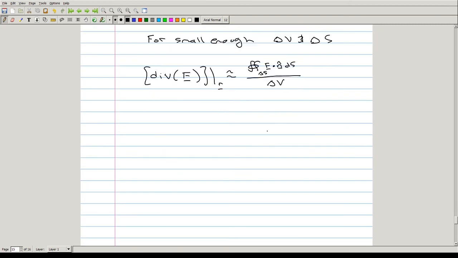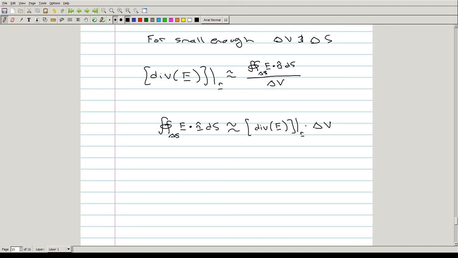But as long as this volume and this surface are small enough, the approximation holds, and we can rewrite this to say that the total flux through this small surface delta S is approximately equal to the divergence of F at R times the total volume V that this closed surface S is surrounding.